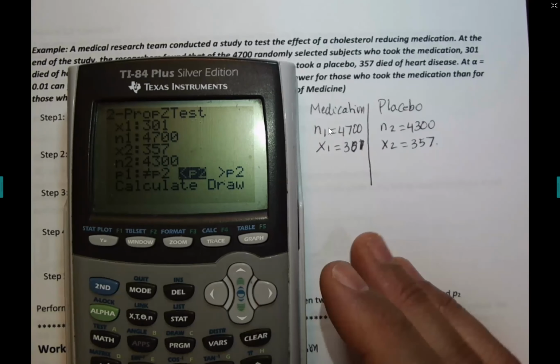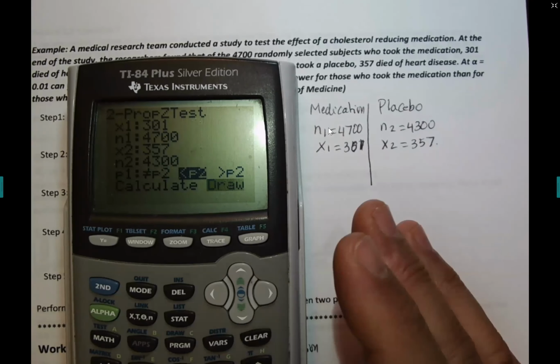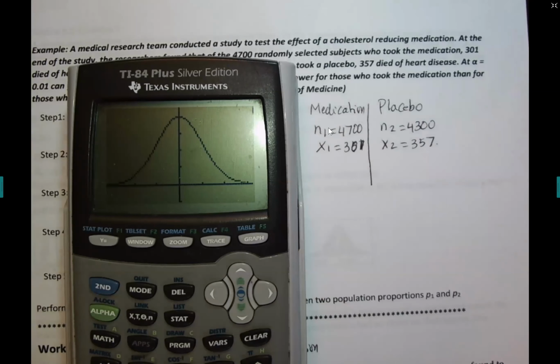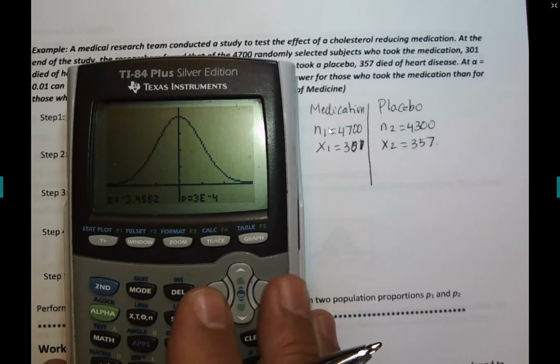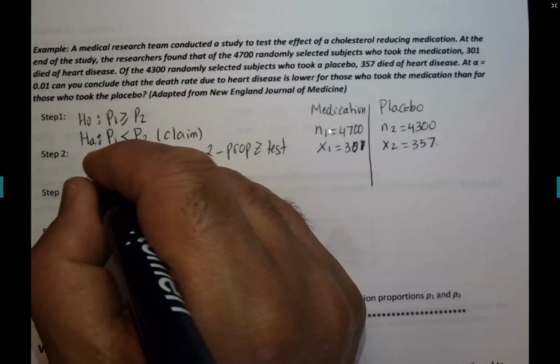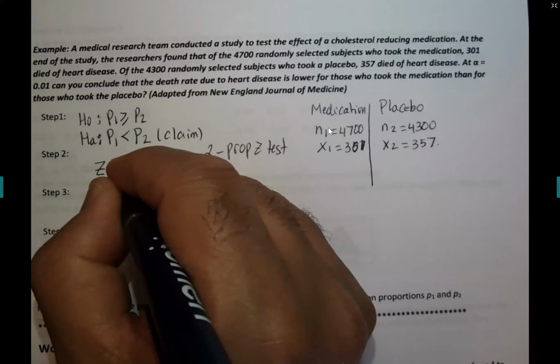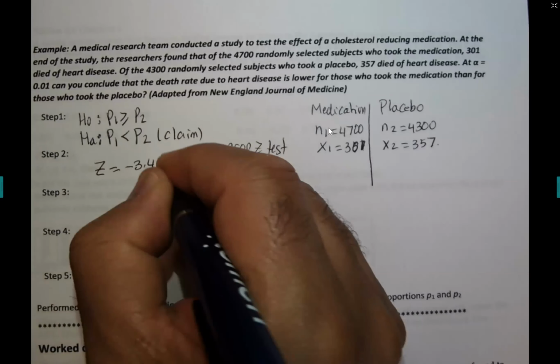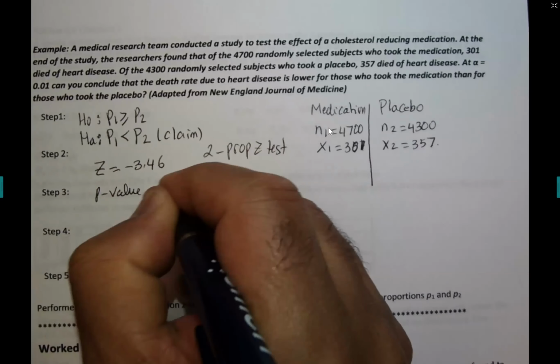And let me draw here just to show you a picture. Okay, it says Z is negative 3.4546. And the p-value is 3e minus 4. Let me write them down. Well, you have to interpret the e minus 4.